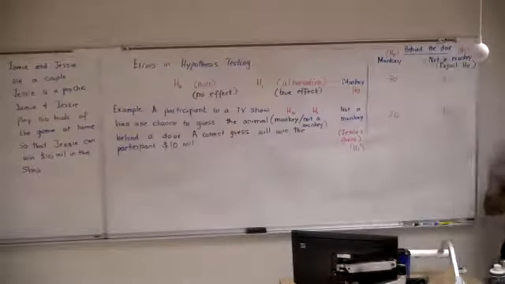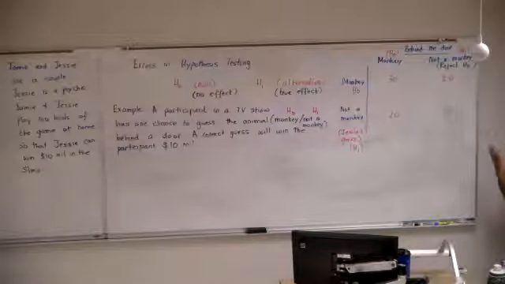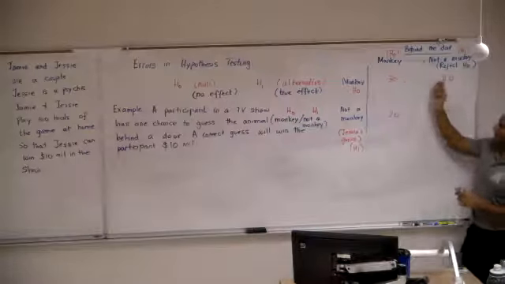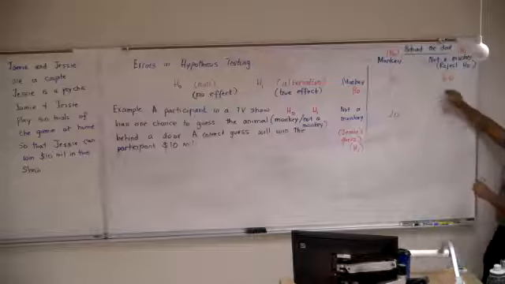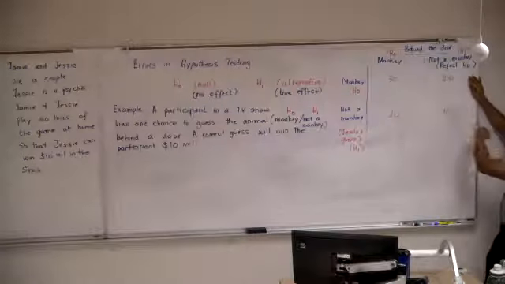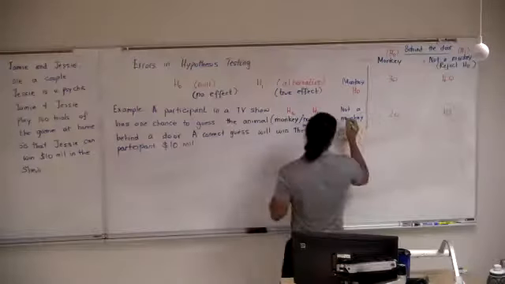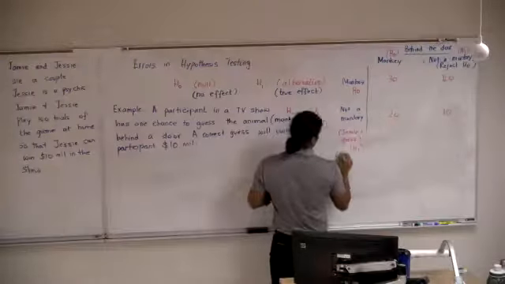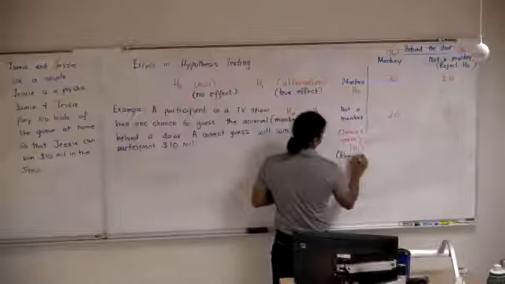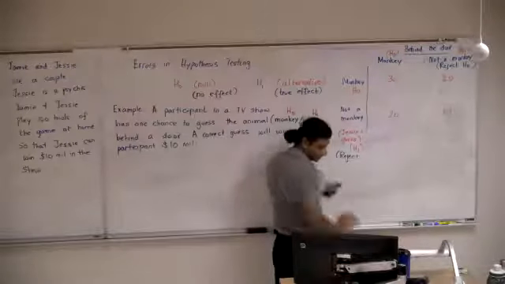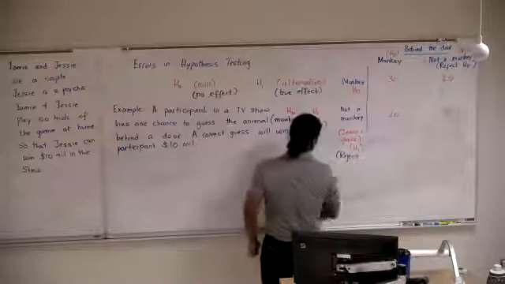Do we agree? Yes. When we're saying not a monkey, we're going against H0. So you're rejecting H0. So that's H1. Same over here, you are rejecting H0.